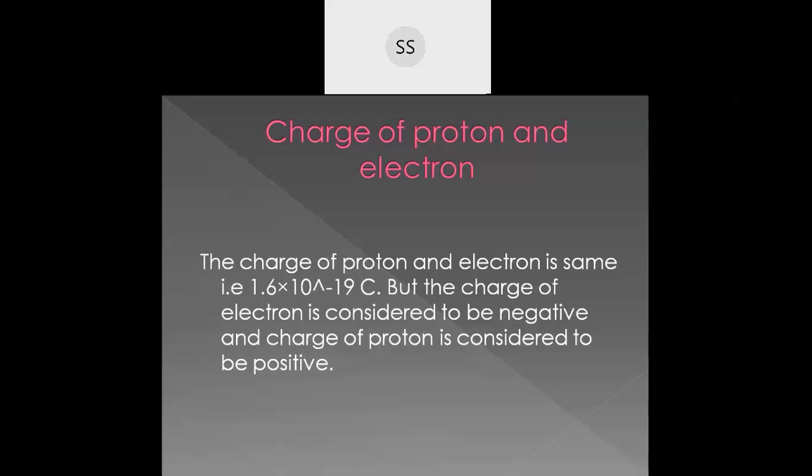So when someone asks you what is the charge of electron, you have to put a minus sign before the value, minus 1.6 into 10 to the power minus 19 coulomb, and for proton it will be plus 1.6 into 10 to the power minus 19 coulomb.